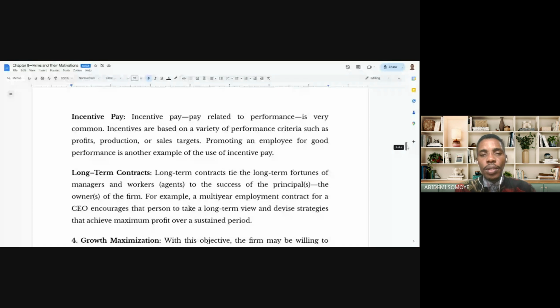Incentive pay, which is pay related to performance, is very common. Incentives are based on a variety of performance criteria such as profit, production, or sales targets. Promoting an employee for good performance is another example of incentive pay.